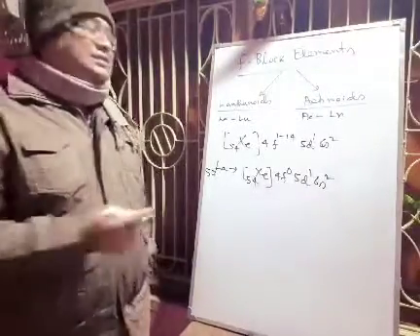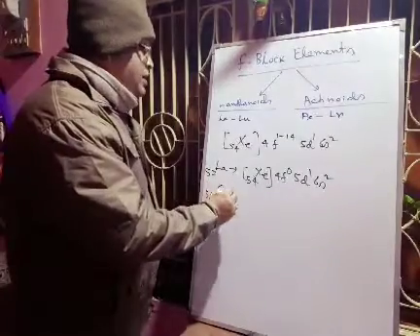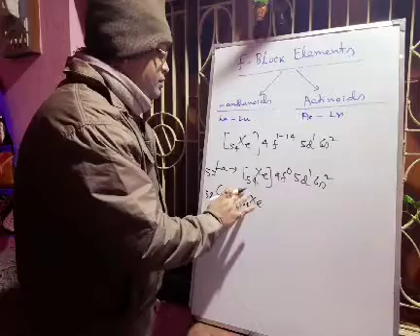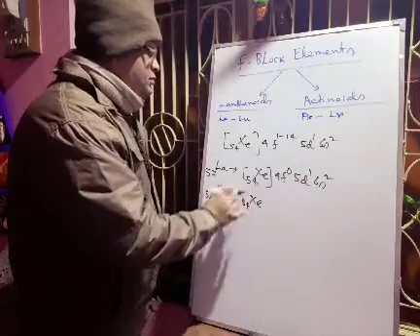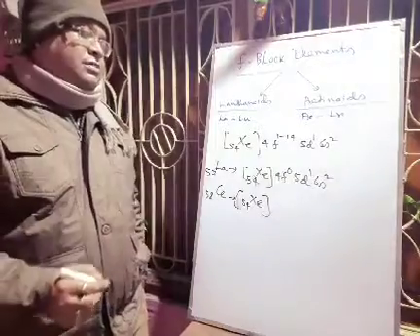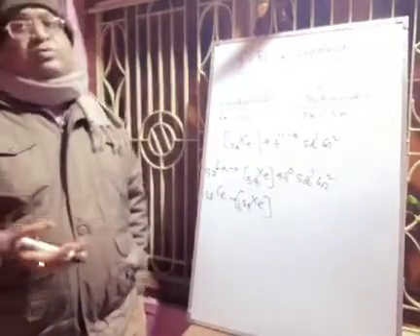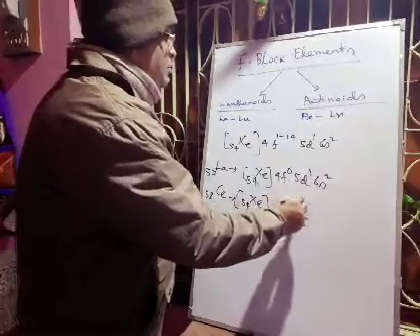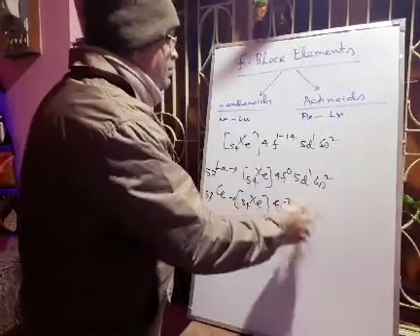After lanthanum, there is cerium. Cerium will be 58 and its electronic configuration will be xenon 54, then 4f2, 5d0, 6s2.